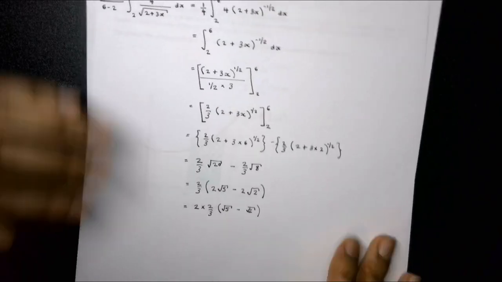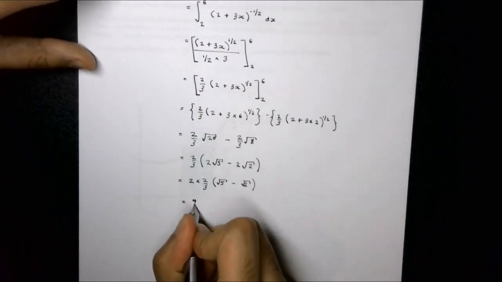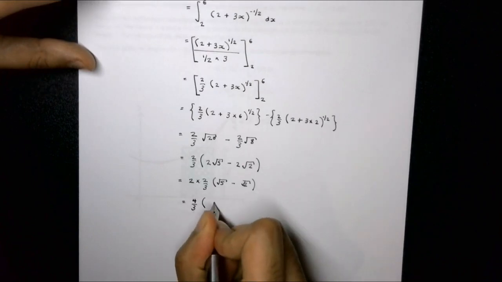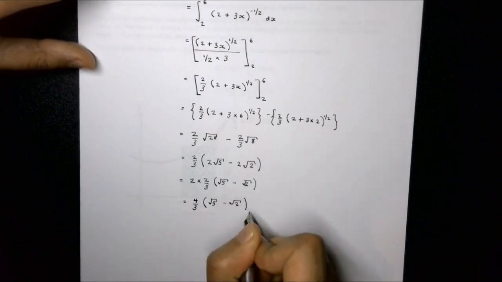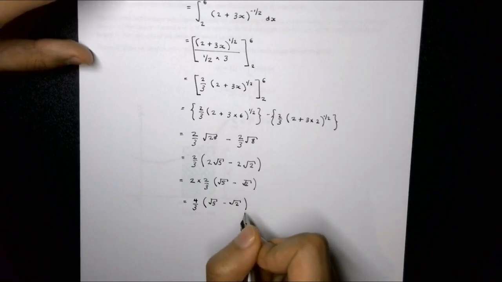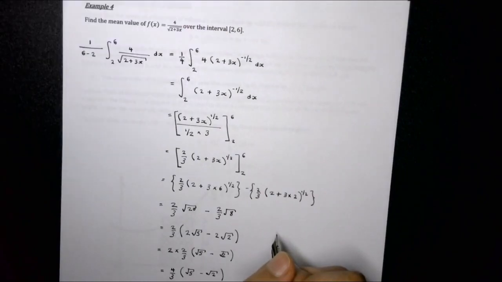It turns out all of this simplifies to 4/3 times the square root of 5 minus the square root of 2. So that is the mean value over this particular interval.